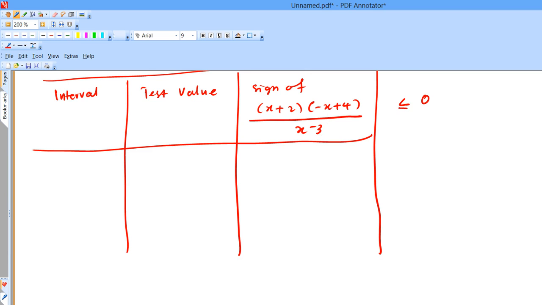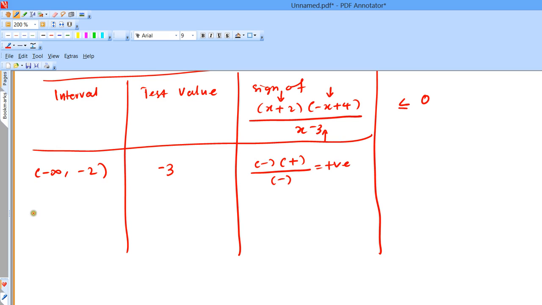For the first interval, negative infinity to negative 2, you can choose x equal to negative 3 and substitute into each bracket. The first bracket is negative, the second bracket at the numerator is positive, and the denominator is negative, so the result is a positive sign.